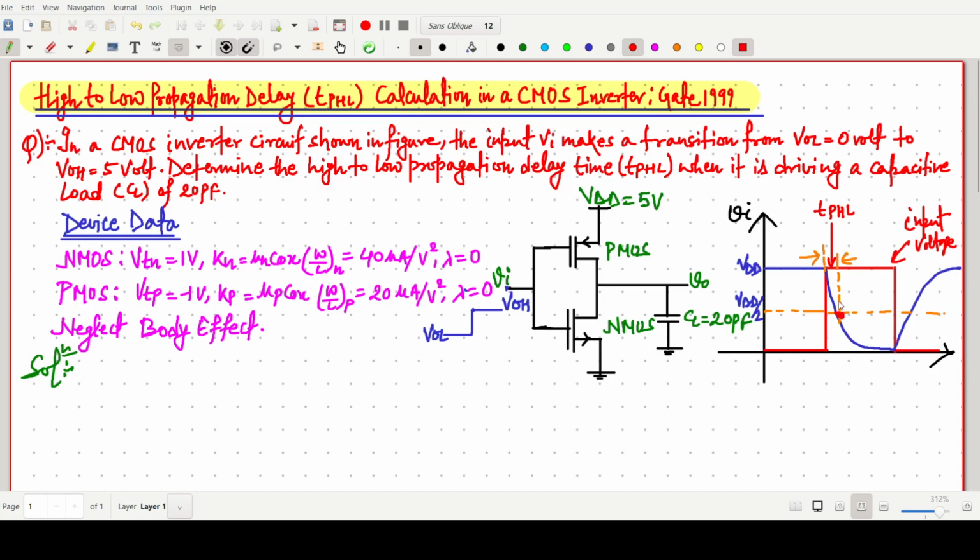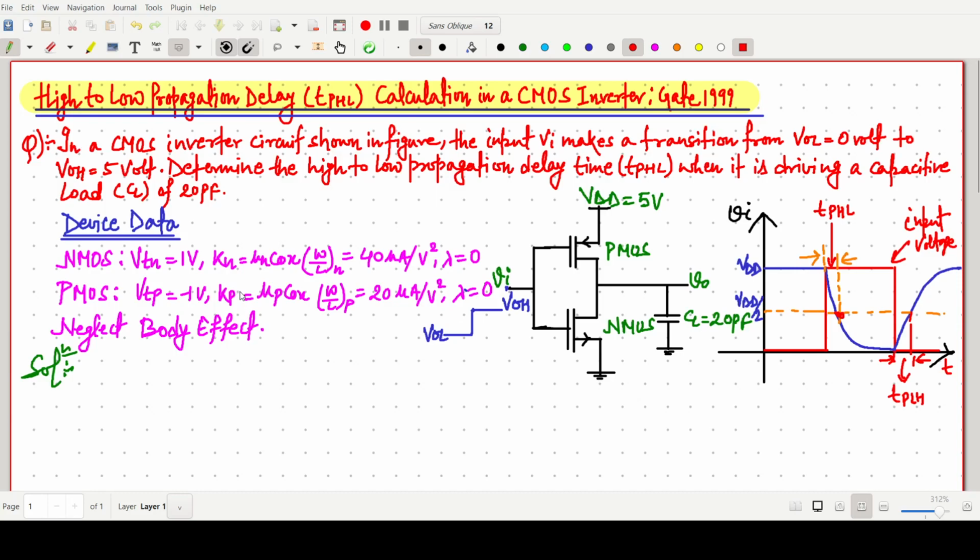Similarly, in this case, this range is nothing but simply this time range is tau PLH, when the output changes from low to high, and this one is your time axis, so better to write time. Okay, so this TPHL we have to find.